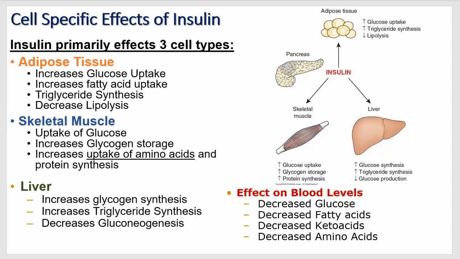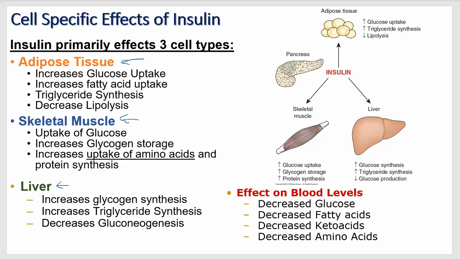All right, so cell-specific effects of insulin. So what cells are we talking about? I kind of quickly mentioned it earlier, but mainly we're talking about fat cells, so adipose tissue, and skeletal muscle, and liver. Okay, so liver's a big one because that's really its role, to break down or to store energy and then to release energy, whether it's glucose or fats or proteins.